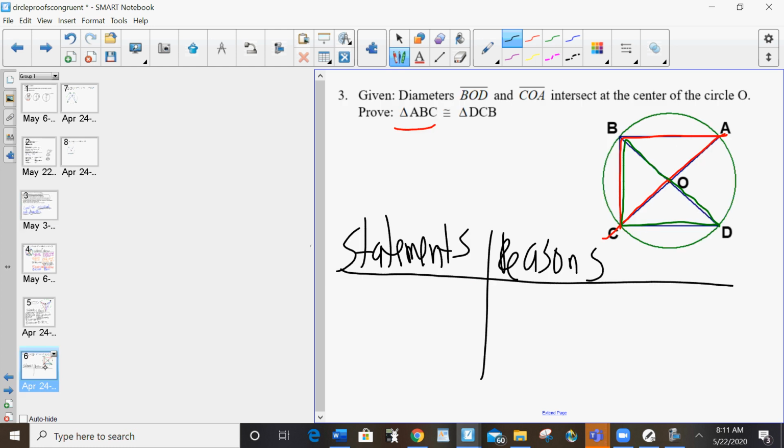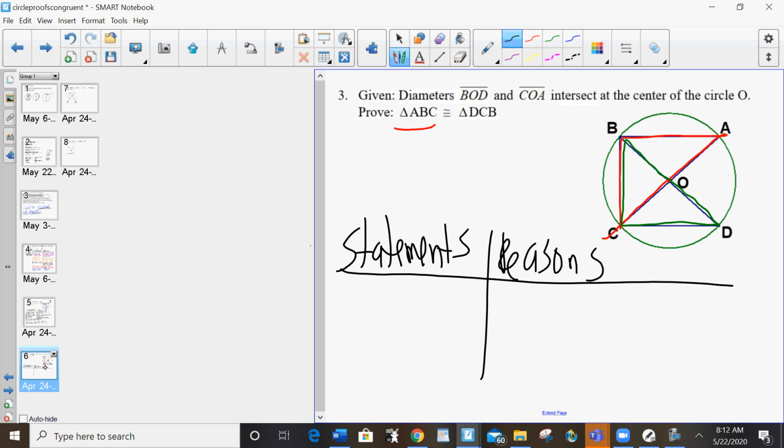I'm going to give you, again, a couple minutes to try and see what you can find. If you're still looking, you can pause it.